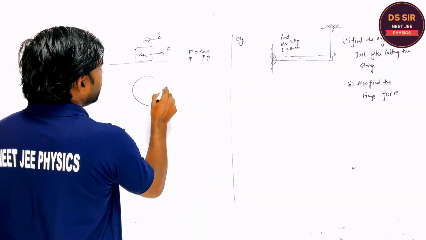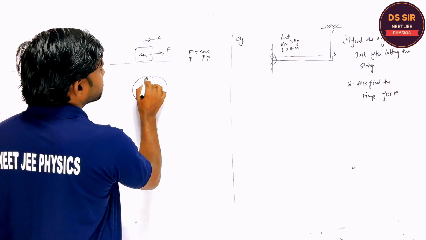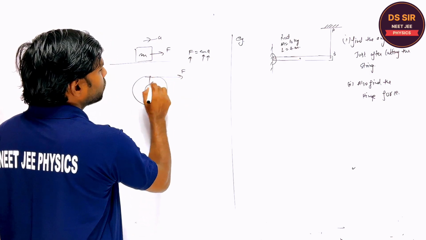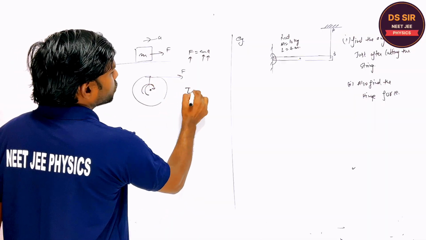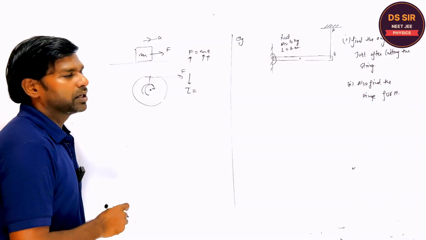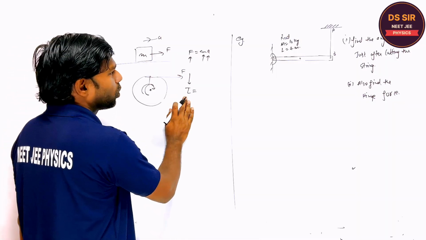In the same way, if a body is rotating about a fixed axis and you apply a force, then because of this force, a torque will be applied. So the role of the force in rotational motion is played by the torque.